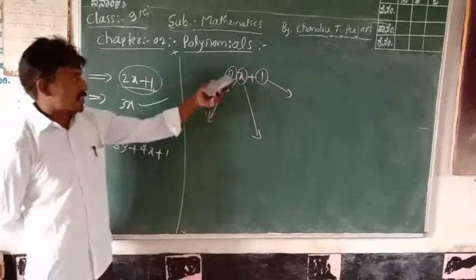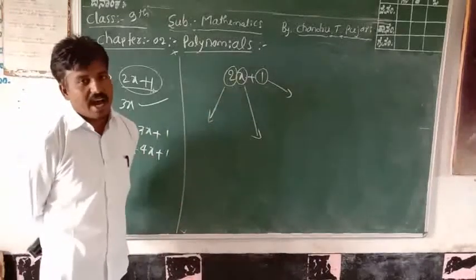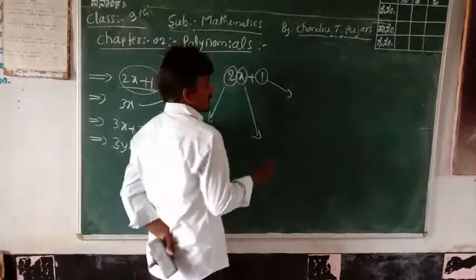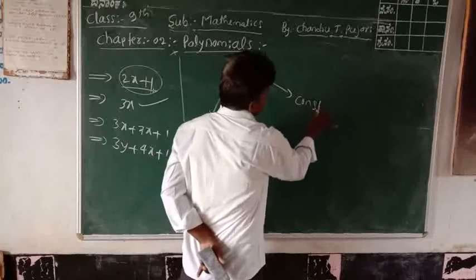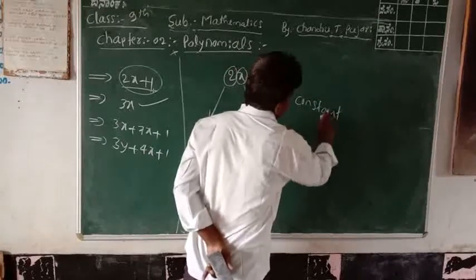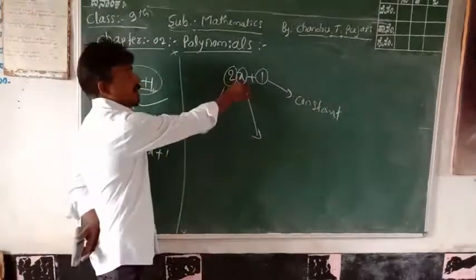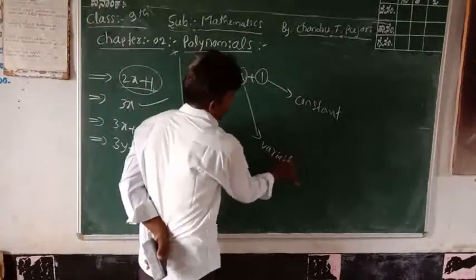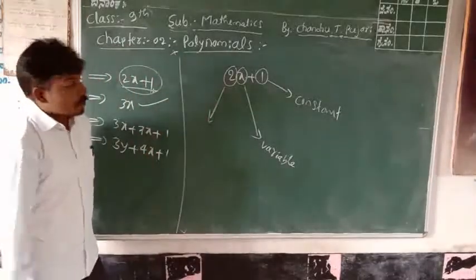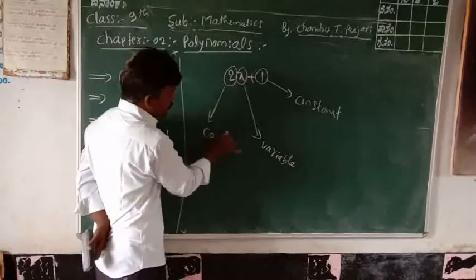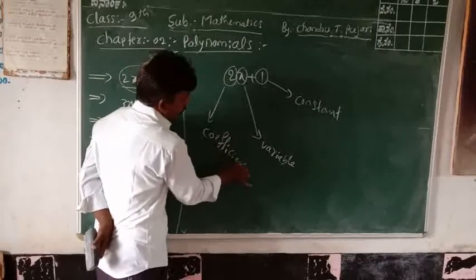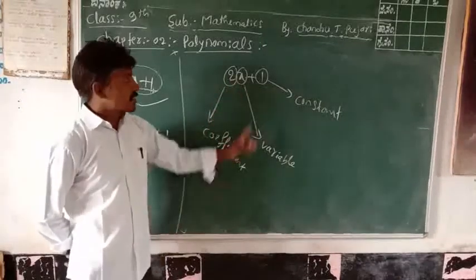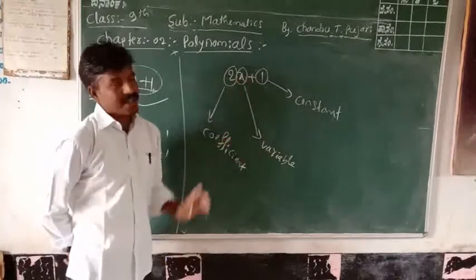These three things are most important in algebraic equations. 1 is a single number, that is a constant. x is a variable. 2 is the coefficient of x. So 1 is the constant, x is the variable, and 2 is the coefficient of x.